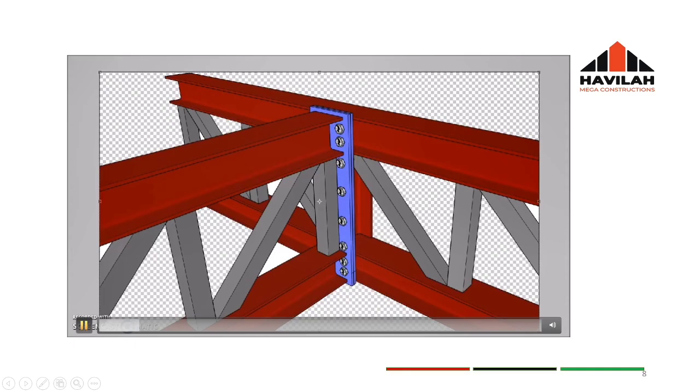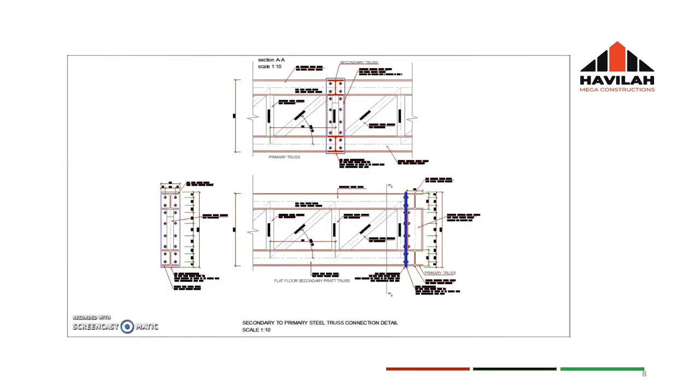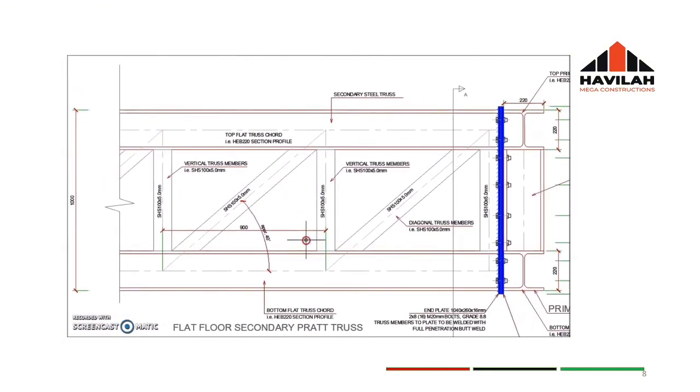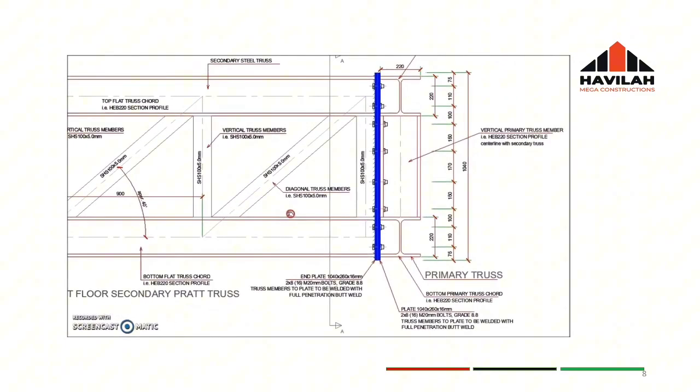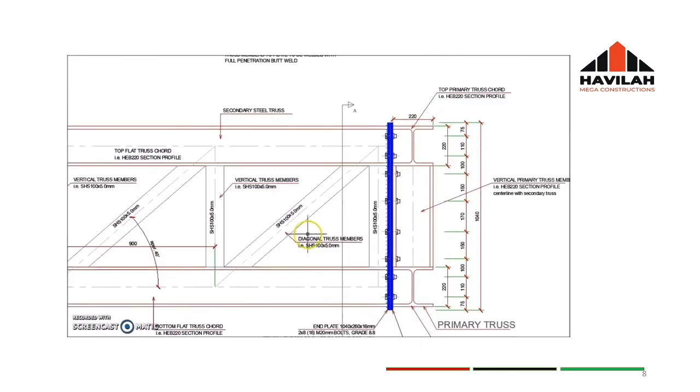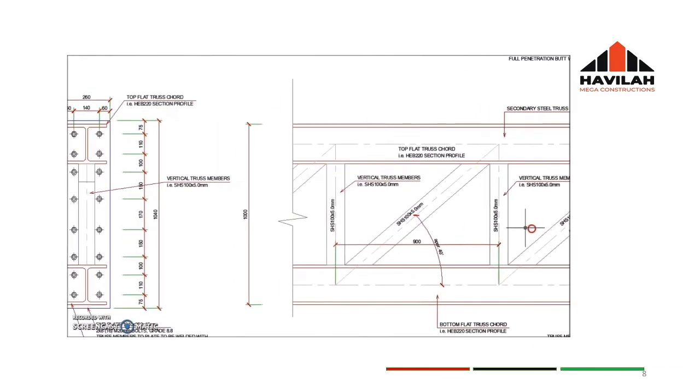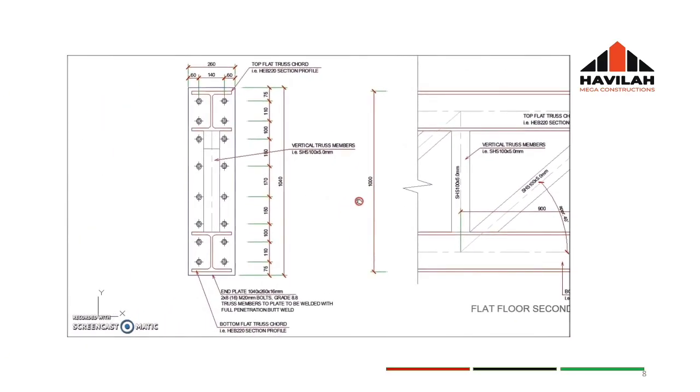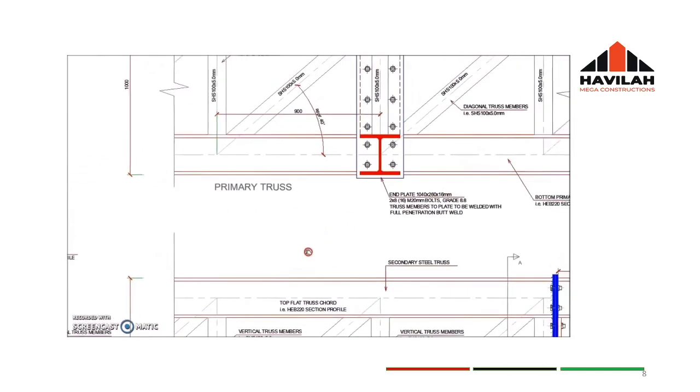So this is the connection, you see, and these are layouts. All right, showing to you every part of the arrangement: diagonal truss members, vertical truss members, and then look at the plan.